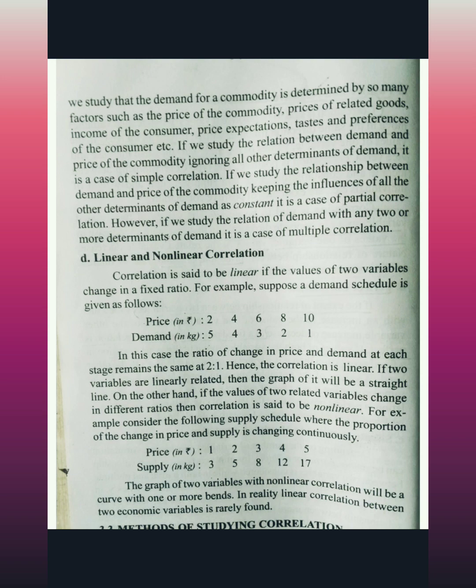If two variables move in the same direction, it is called a positive correlation, and if they move in the opposite direction, it is called a negative correlation. When positive correlation applies in a fixed proportion, it is called perfect positive correlation, and in the case of negative correlation in a fixed proportion, it is called perfect negative correlation.